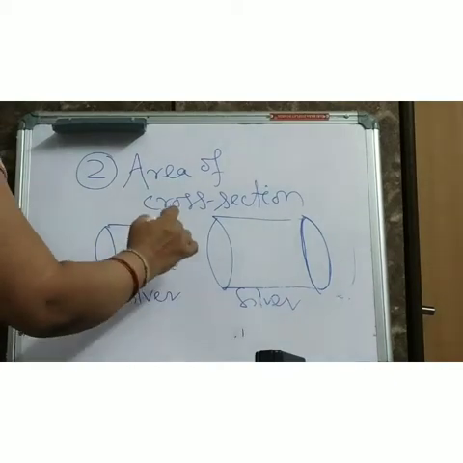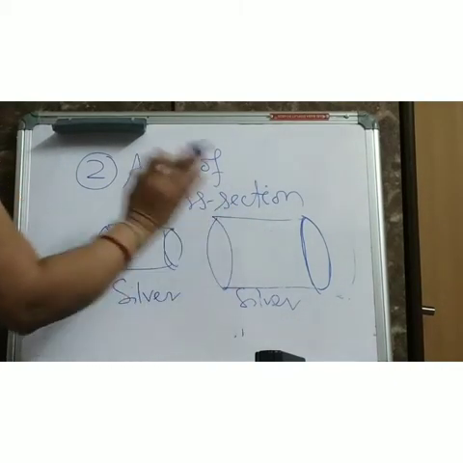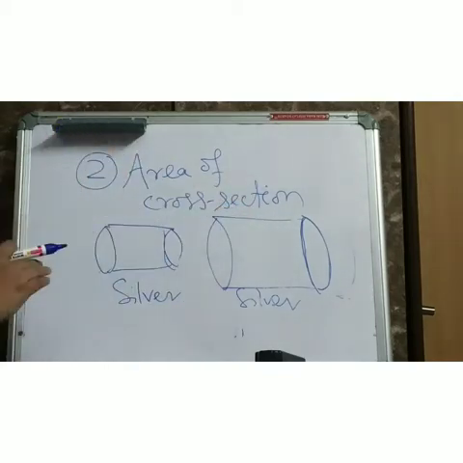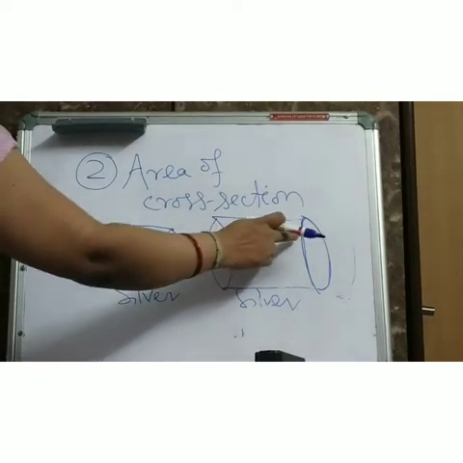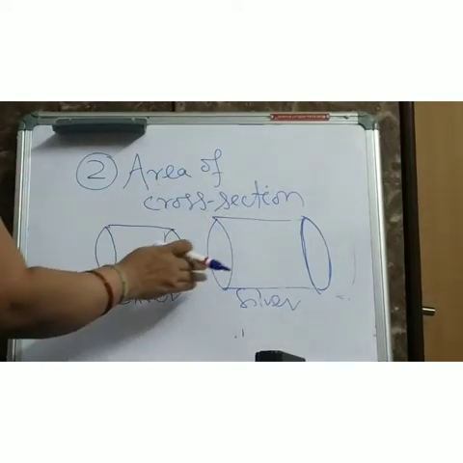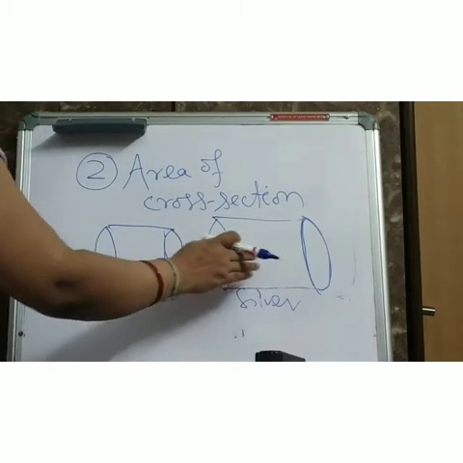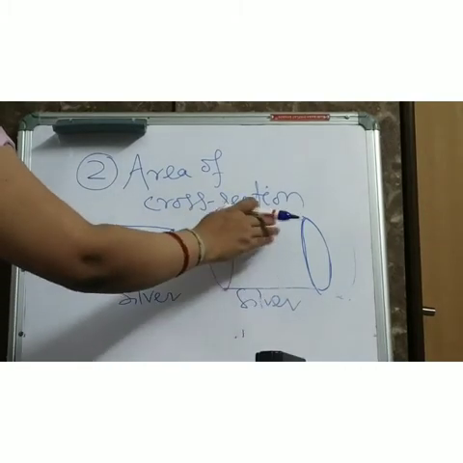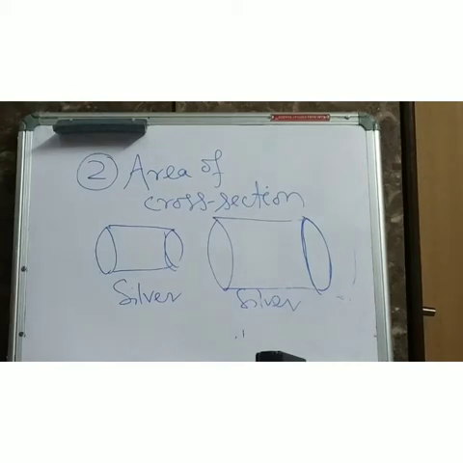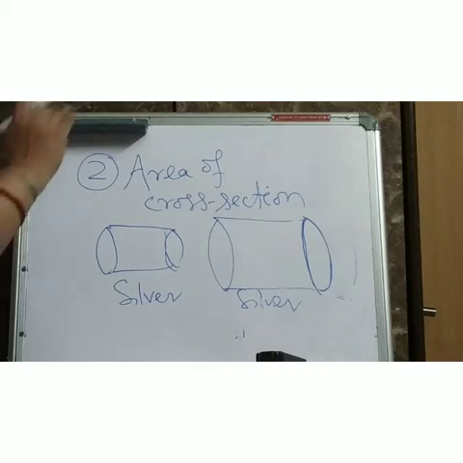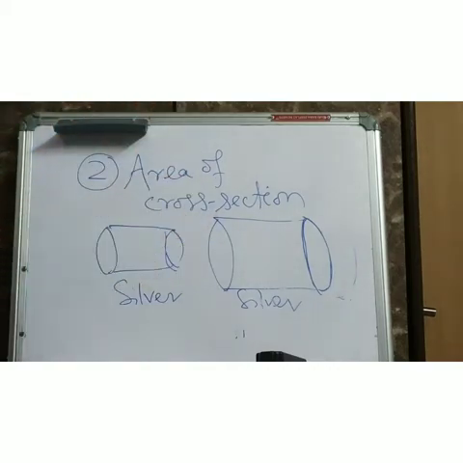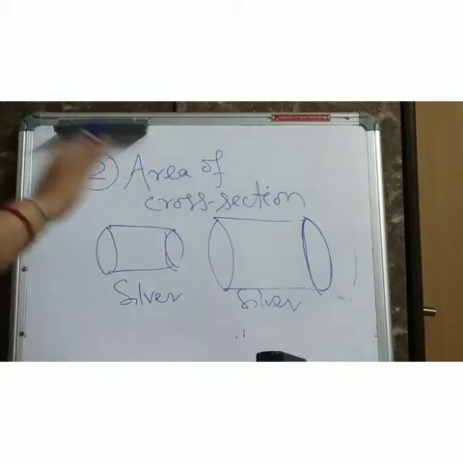Now, see, the length is the same for both conductors, the material is also the same. So what will happen in this case? When the electron is moving, it has more free space to move. If it has more free space, what will happen to the collision? Obviously, collision will decrease. So if collision decreases, then resistance also decreases.